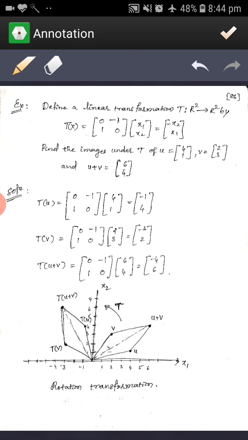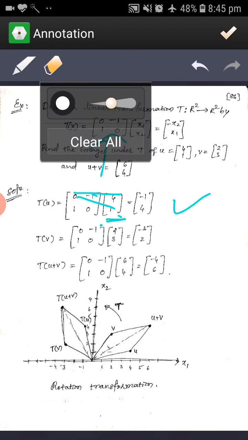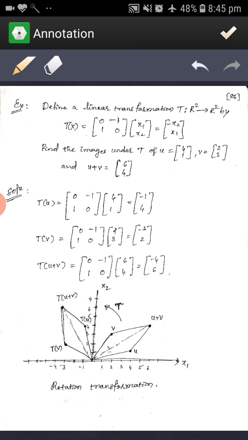Now the transformation of u, after multiplication with A, I will get (-1, 4). Multiplication with this and multiplication with this, so I will get (-1, 4). Similarly, after the multiplication of the v vector with A, I will get (-3, -2).